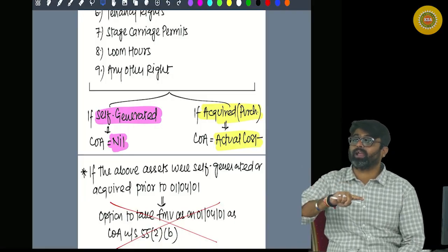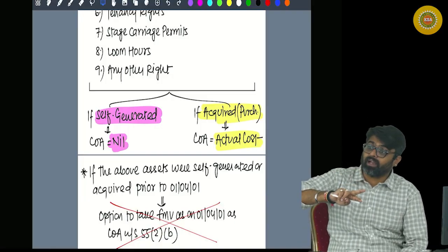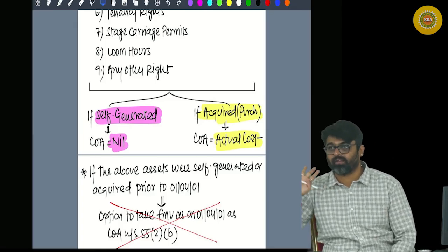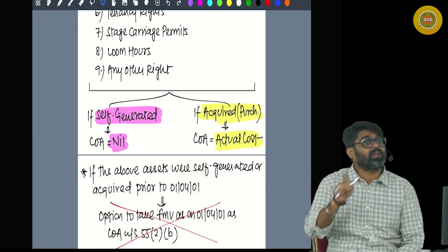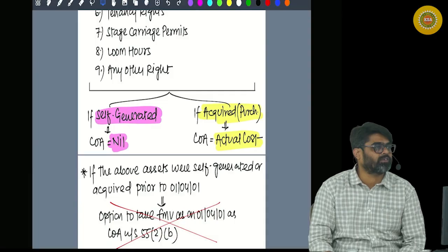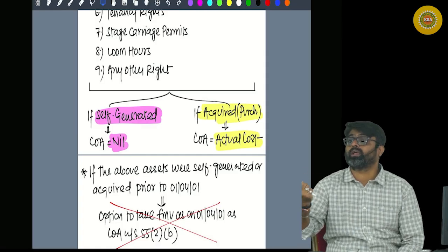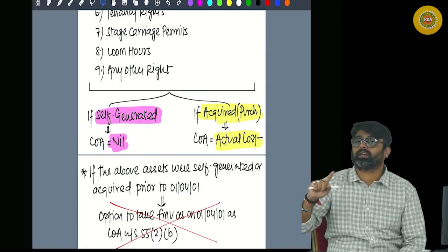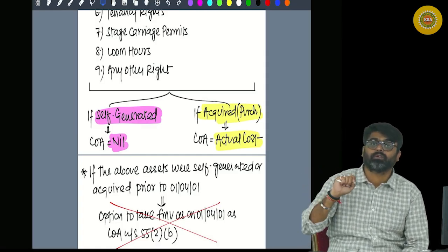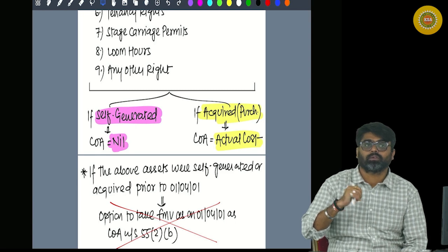Old period of holding, long-term capital asset and indexation benefit also. Yes or no? But if the transfer date given in the question is on or after 23rd July, will I check the old period of holding or the new period of holding? Will I check 36 months or 24 months? 24 or less, short term.